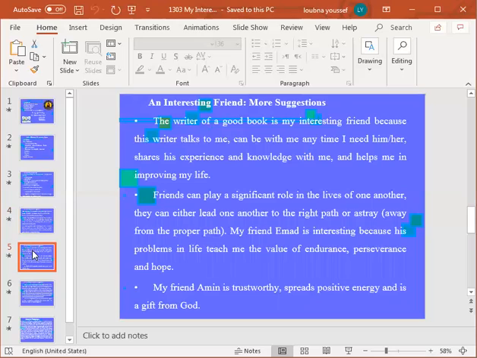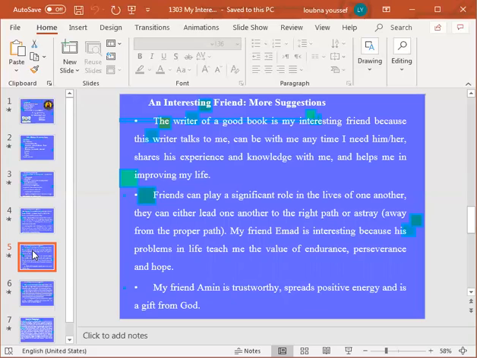Now, here are more suggestions. The writer of a good book is my interesting friend because this writer talks to me, can be with me anytime I need him or her, shares his experience and knowledge with me, and helps me in improving my life. Now, let's count how many controlling ideas this topic sentence has.